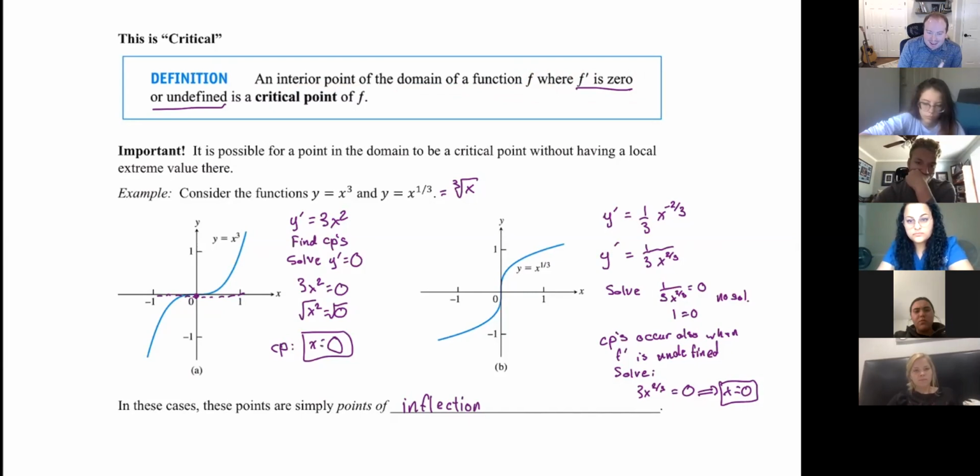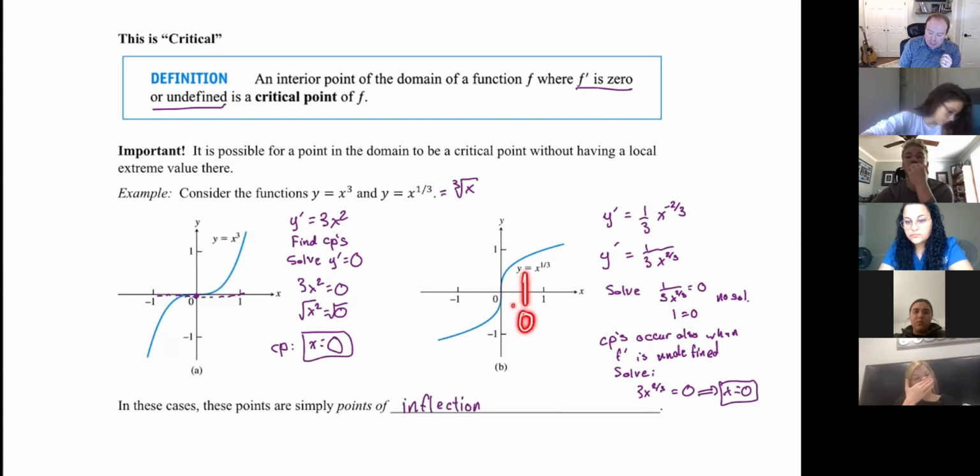So the actual point on the graph would be like 0, 0. But typically when we're talking about critical points, we're just going to be looking at the x value. So make sure you read that little text that says if it wants the actual point. But that's a good question.